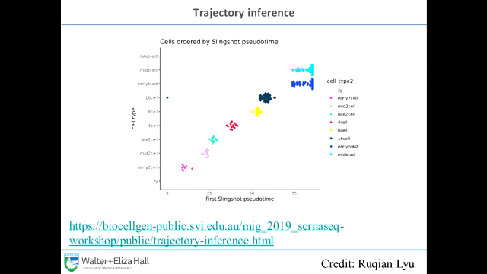In this particular case, it does quite a nice job of picking out the zygote and early 2-cell cells early in pseudotime and pretty well ordering these different cell types based on their expression in the correct order of their development. And in this particular data set, we've got the actual labels of the different cell stages, which allows us to check what we're doing. So it's again a nice little reference data set.